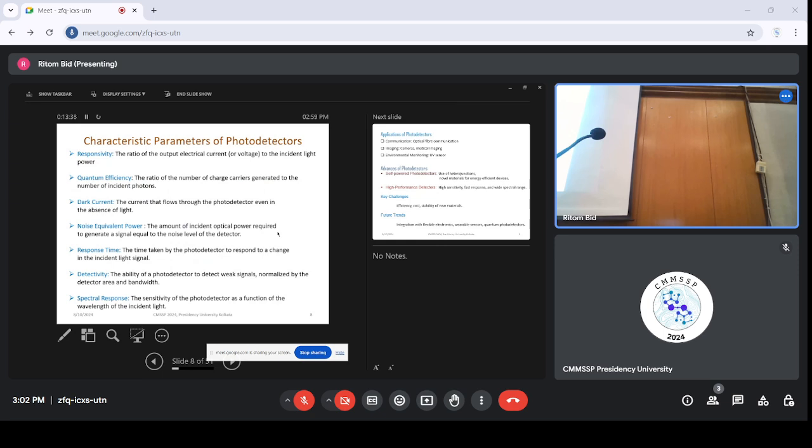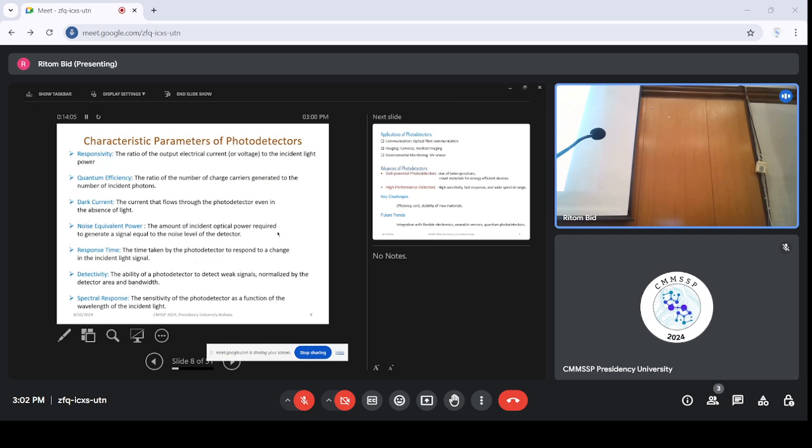If 100 photons are incident, how many of those are actually converted to charge carriers? Not all the photons are able to have the electronic transition. Dark current should be low, noise should be low, and response time should be very fast, so that your device responds quickly to the incident electromagnetic radiation.